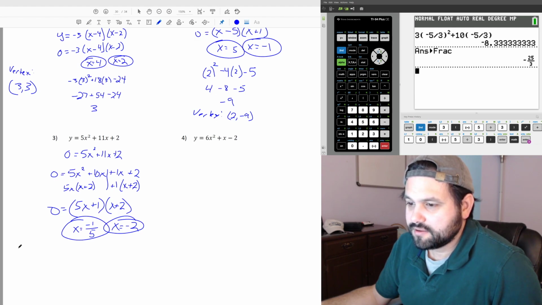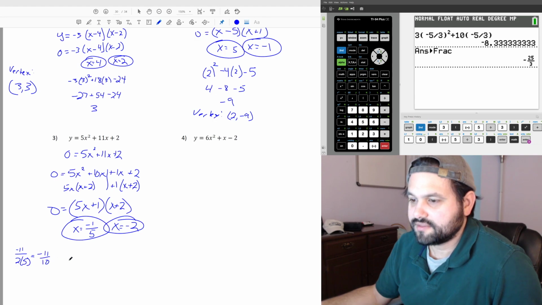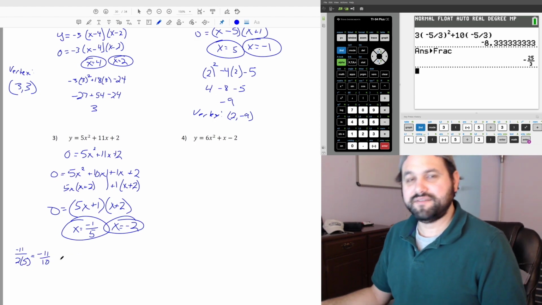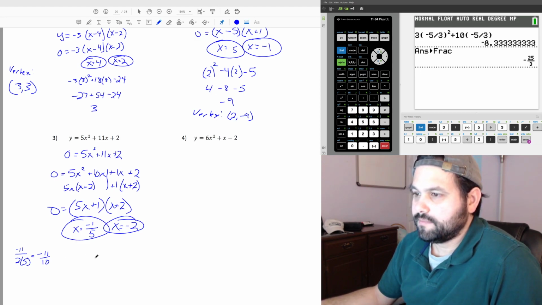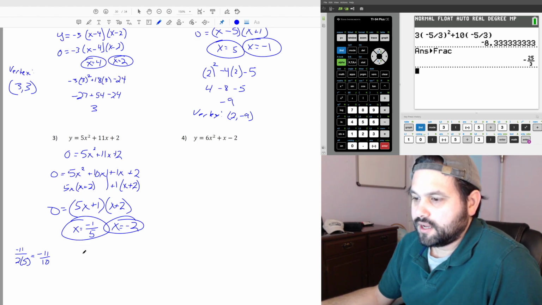So negative b over 2a gives me negative 11 tenths. Negative 11 tenths. So that'll be fun to plug in. We will put negative 11 tenths into this function and evaluate it.